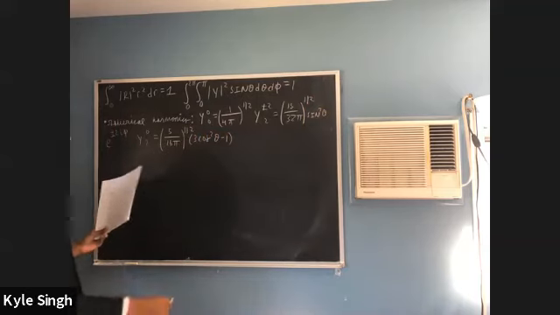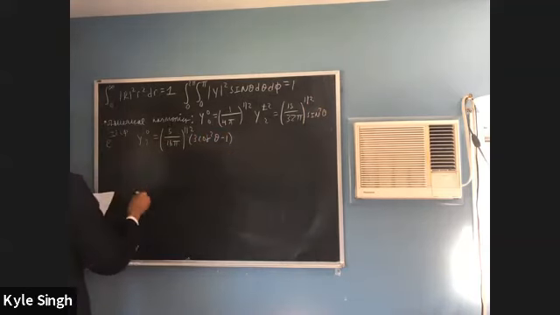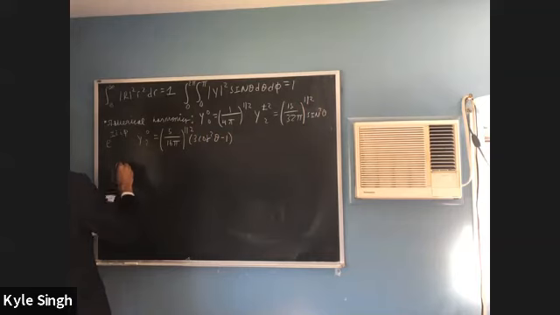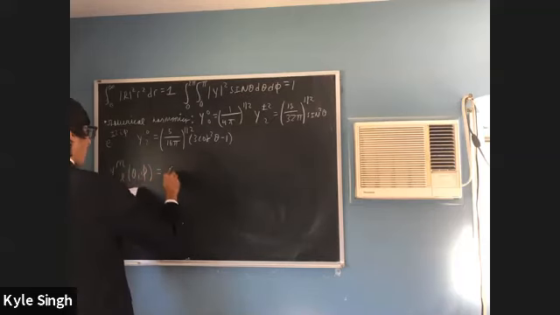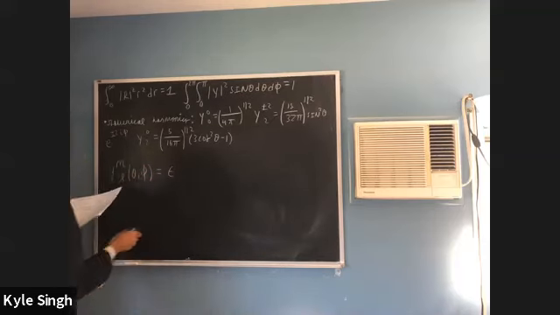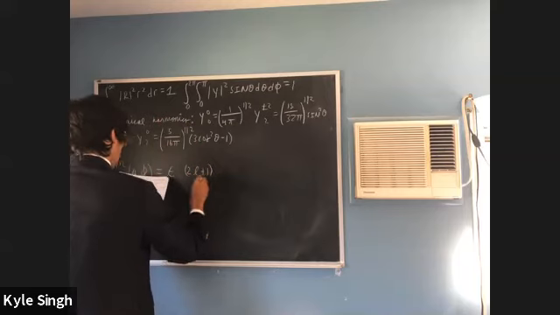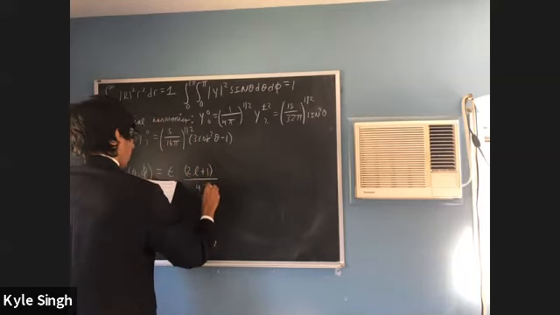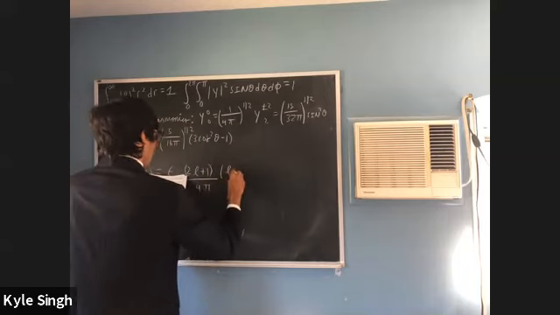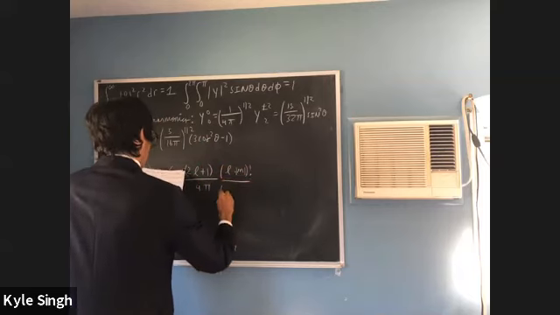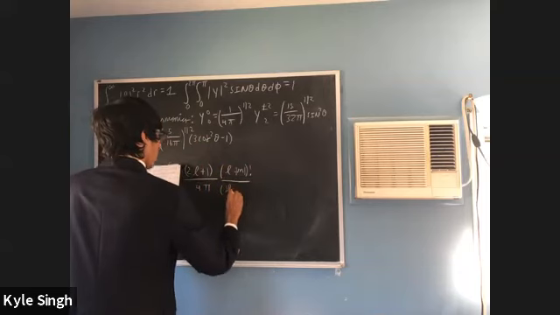And the equation for my normalized wave functions is Y_l^m of theta and phi. This is the first important formula. It equals some constant, we'll call it epsilon, times the square root of (2l plus 1) over 4 pi, times (l minus m)! over (l plus m)!.